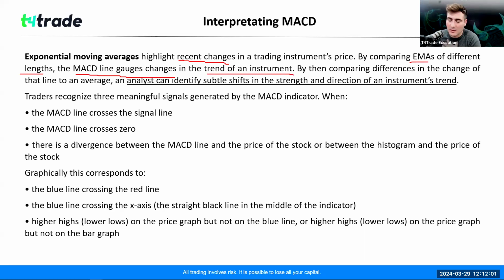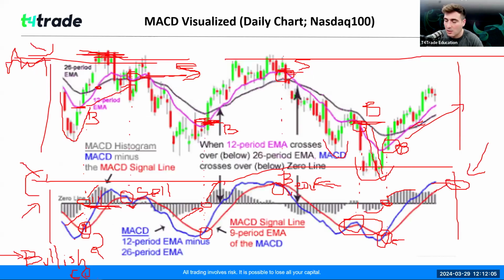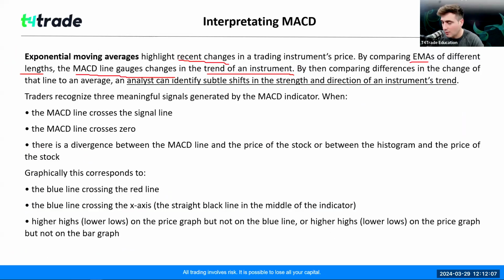This is essentially what the crossovers we have highlighted in this chart are telling us: shifts in trend, at least short-term or intermediate shifts. By comparing the change of that line to an average, analysts can identify subtle shifts in the strength and direction of an instrument's trend.